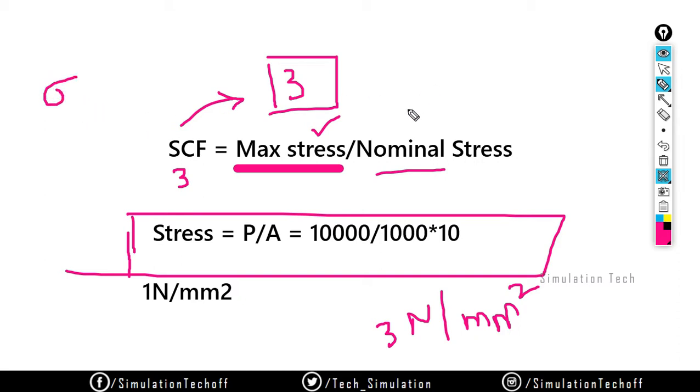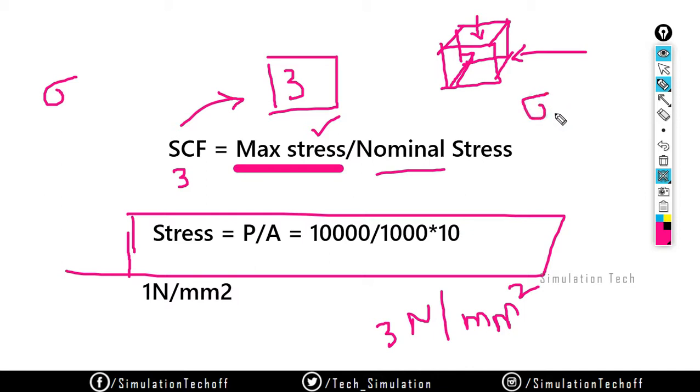So when you apply any load to a certain component, say we have a block like this, the load is not in a single direction. You may apply one force in this direction, this direction and this direction. There will be a stress, and you get a stress value in each and every direction, like stress in x direction, y and z, sigma 1, sigma 2, sigma 3, in both positive and negative directions.